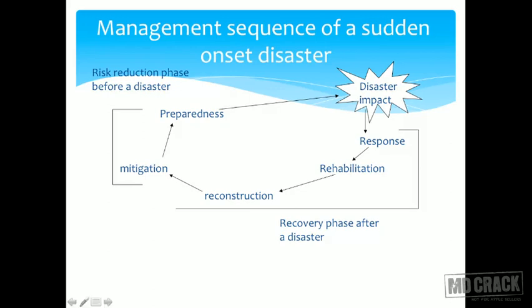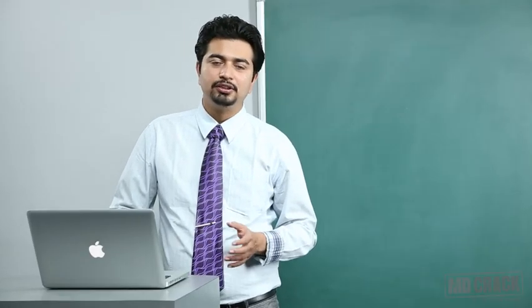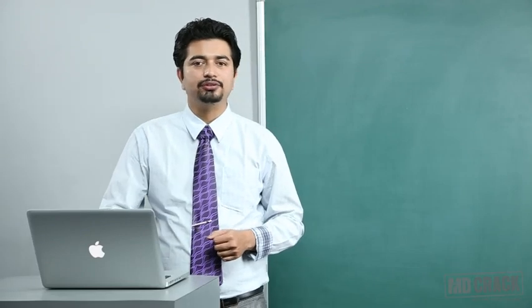As you can see, the first phase after the disaster is called the recovery phase, and the next phases are called the risk reduction phases before the disaster. Risk reduction phases basically aim to reduce or minimize the effect caused by the disaster. Say if you are living in an earthquake prone zone, making an earthquake proof building would be the most logical thing to do.